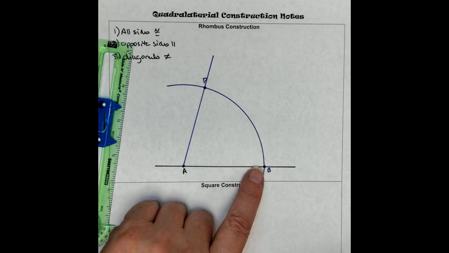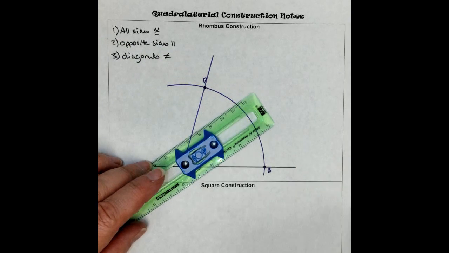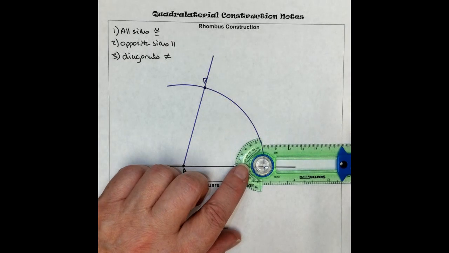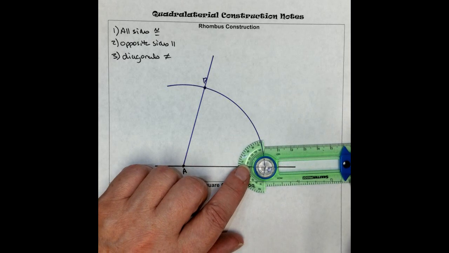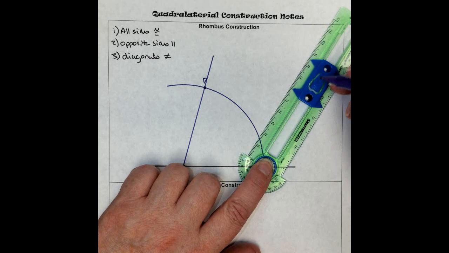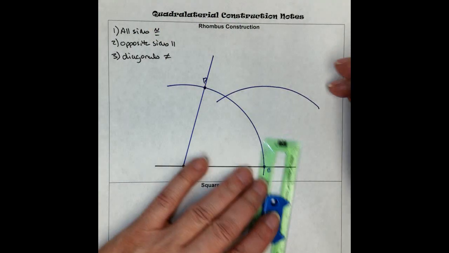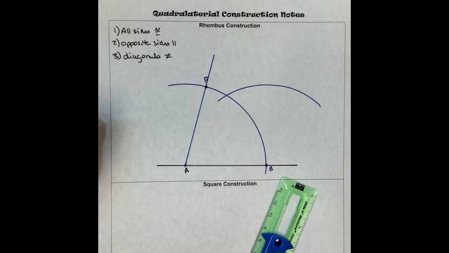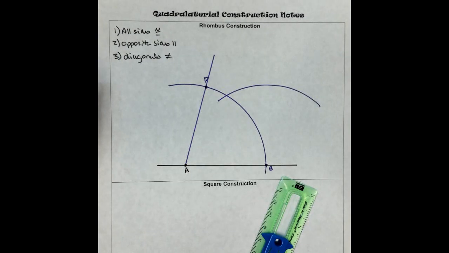Now I need to create another point up here. So it needs to be the same distance. So I'm just going to take my compass and I'm going to create an arc up here somewhere, because along this line is the same distance, right? So we're going to leave that guy alone.